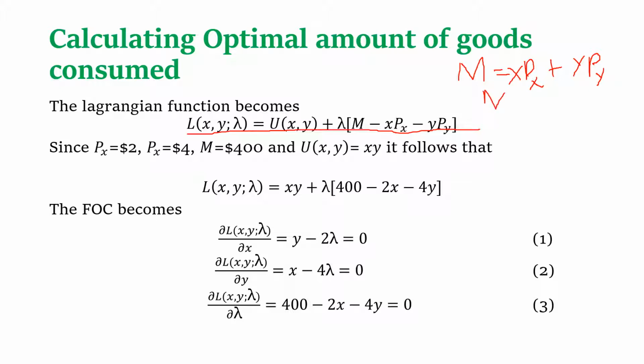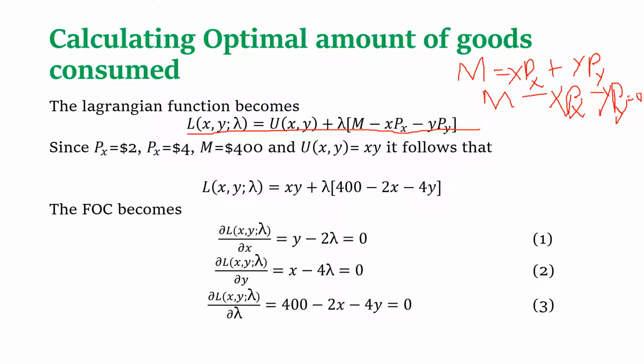So we have M minus xPx and then minus yPy, okay? Remember this should be equal to 0 if you bring all these terms from the right to the left.